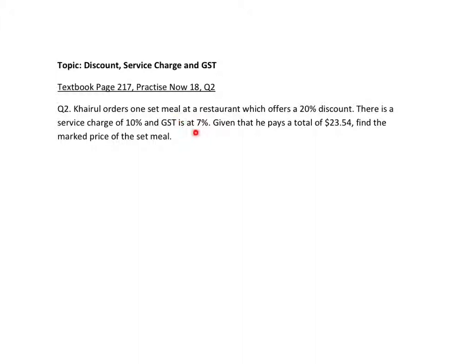At the end of the day, when given the bill, he pays a total of $23.54. The question asks you to find the mark price of this set meal, and usually the mark price excludes the service charge, excludes GST, and excludes the discount. It's usually the price you see on your normal menu.